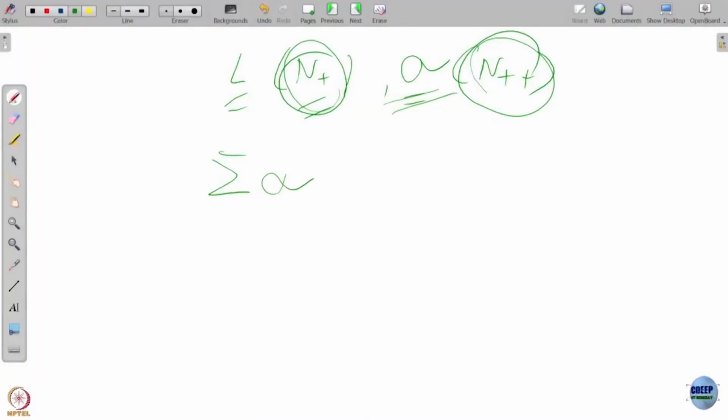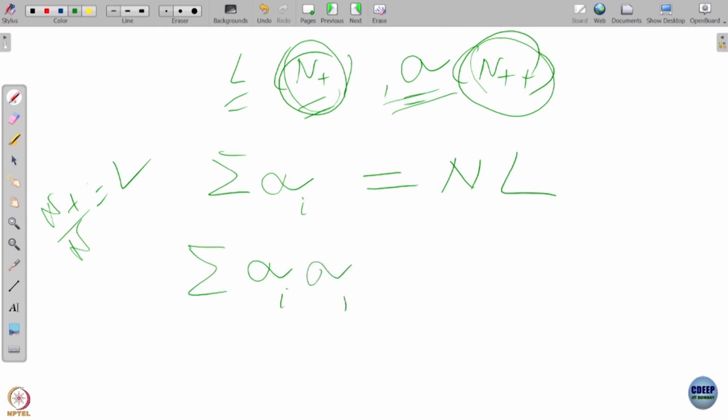So I can write this. Sigma I is very easy to say, it is NL, right, because n plus is n plus by n. And now I can also show this, because we have done sigma I sigma j before, a few slides before we have evaluated that.